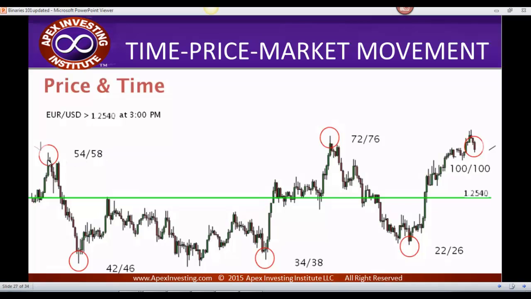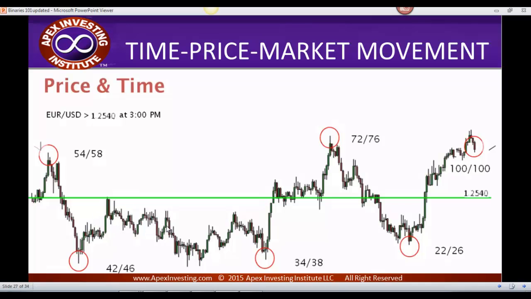Well, then what happens? The market comes down, and it gets to 2540. It keeps going down. Now, let's say that binary I'm in is now quoting 42 or 46. So I bought it for 58 when it was up here and already a true statement. Now, a little while later, it's gone down against me, and it's down at 42, 46. I'm down a little bit, right?